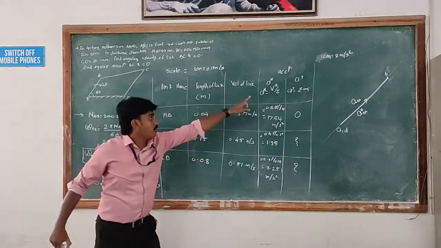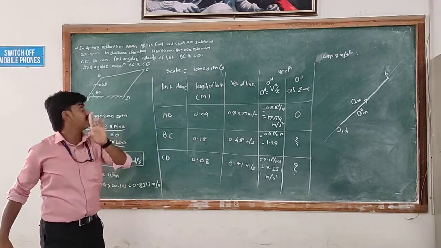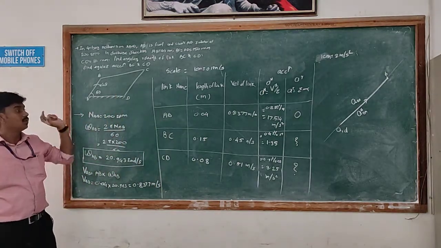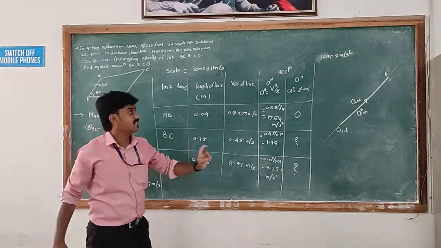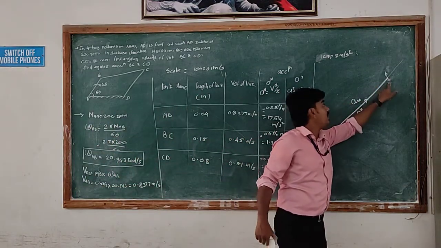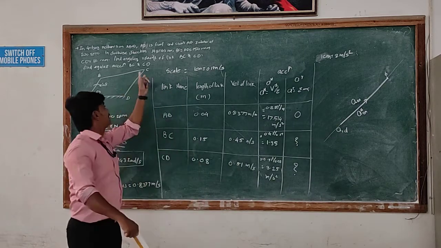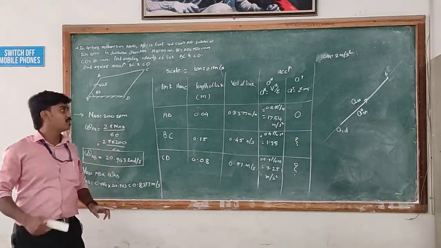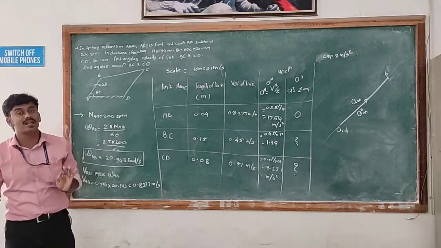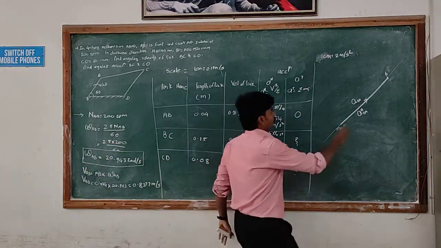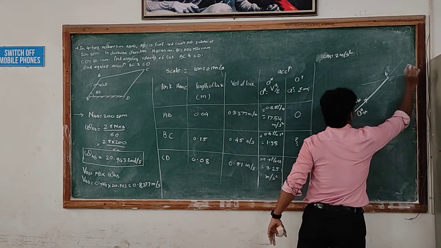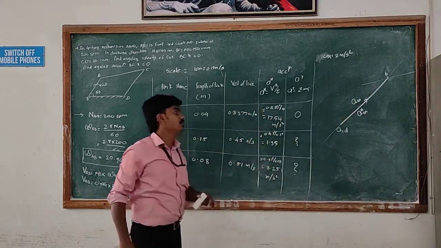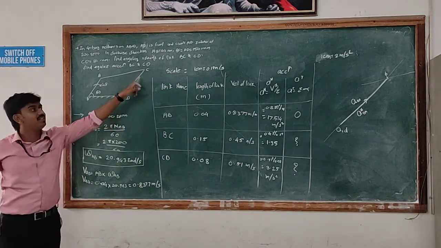The normal component of acceleration is always parallel to the link. It means we have to draw one line which is passing through point B and parallel to link BC. So this is my line, which is parallel to this link BC.